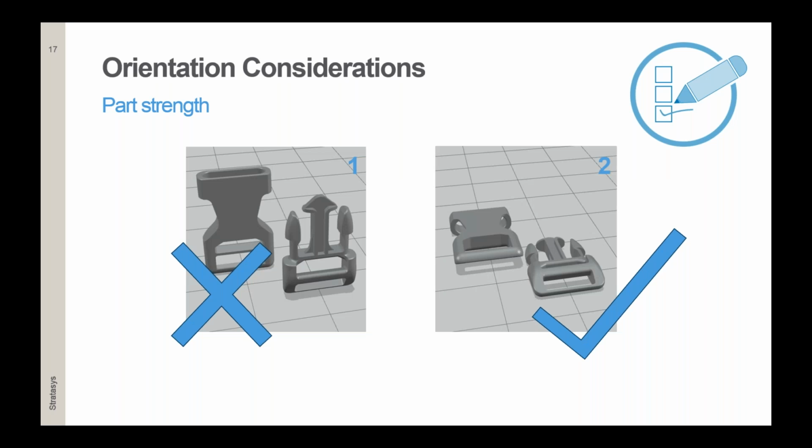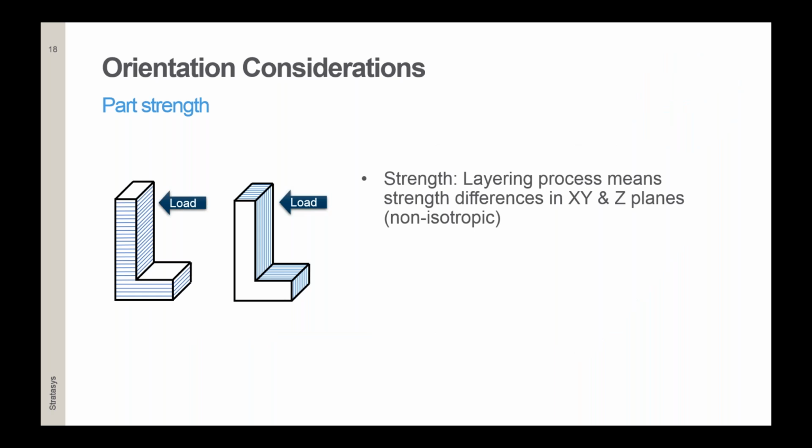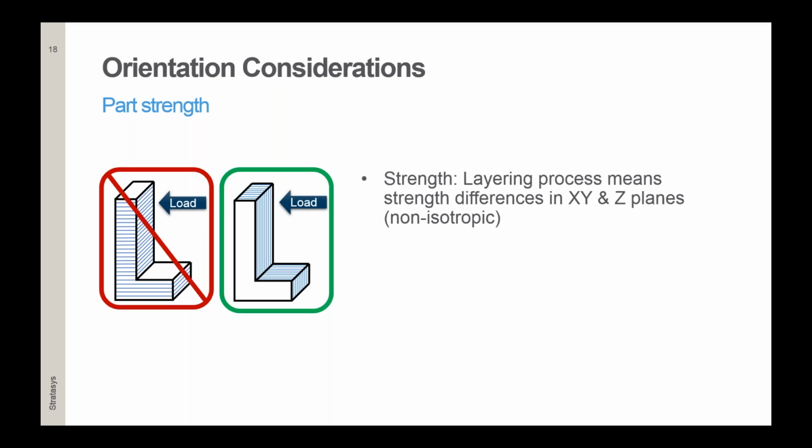The part printed, especially this geometry printed in horizontal position, will have the stronger clips. But why is that? The layering process gives us so-called non-isotropic parts, meaning they have different strength in X and Y, and different strength in Z-axis. So every bond between the layers is considered a weak spot.